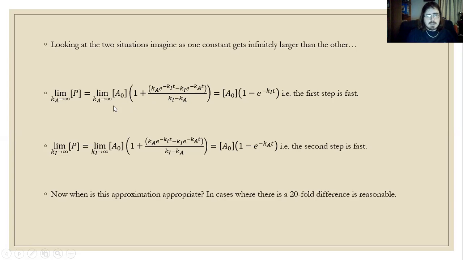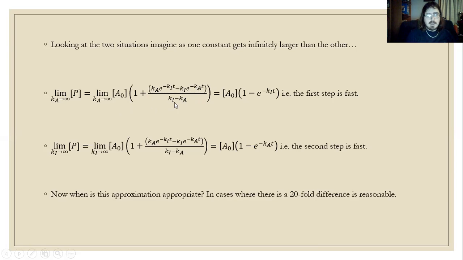Let's imagine this as Ka approaches infinity. As this approaches infinity, this is just infinity. Ki minus infinity is essentially negative infinity. And Ki e to the negative Ka t, that's going to approach 0.